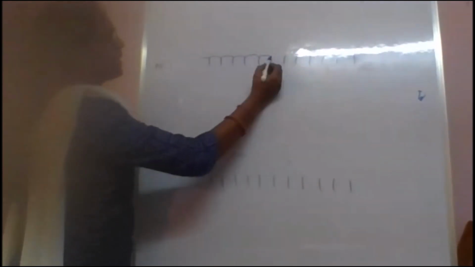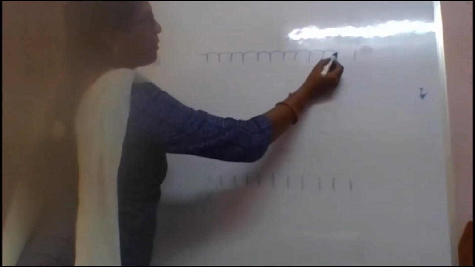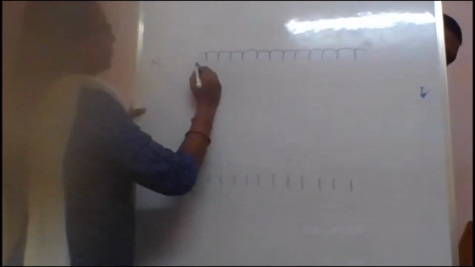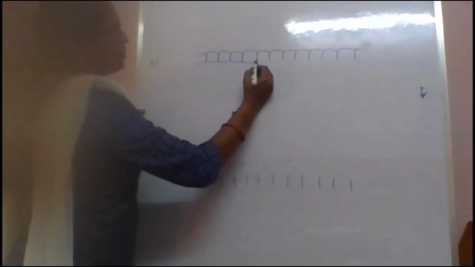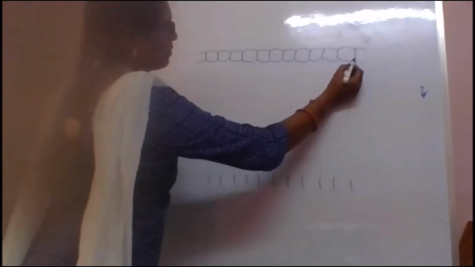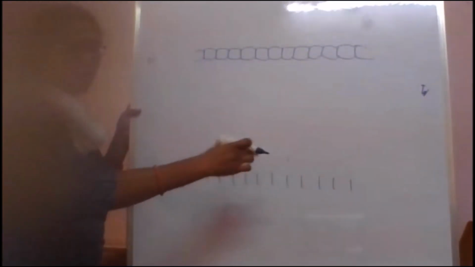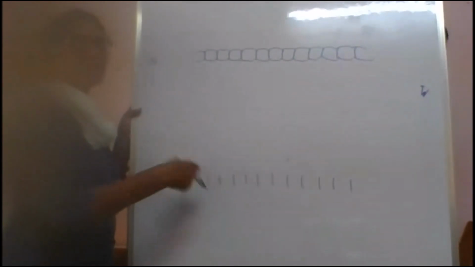Don't leave space here. Why? Because fewer stomata or no stomata will be there in the upper epidermis. Whereas here we have to leave 1 or 2 spaces, which will let us draw the stomata here.